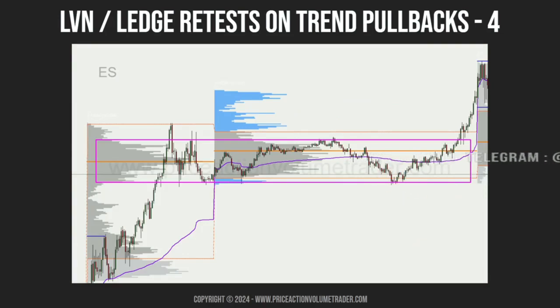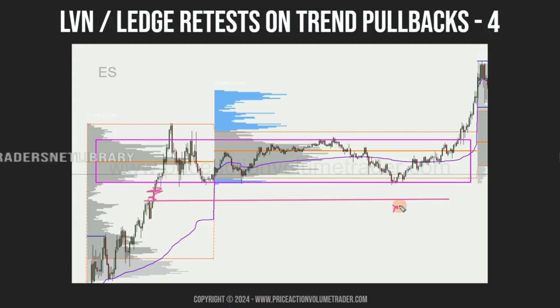With the ES example, I would put my stop loss just beyond this singles fill here, just beyond this gap fill. So probably right around there, same thing, and you would be targeting the top edge in this example of this high volume node that we've made in the extended trading hour session, for example, etc.